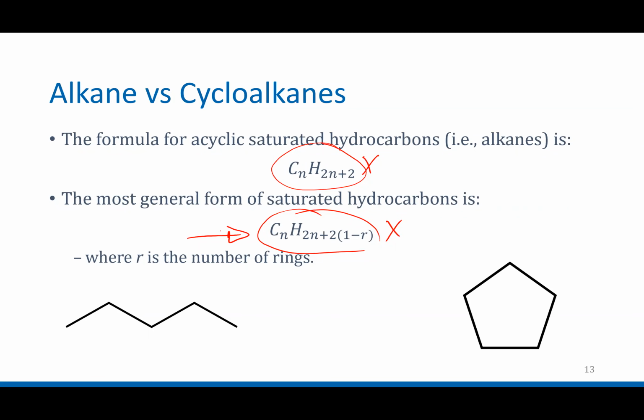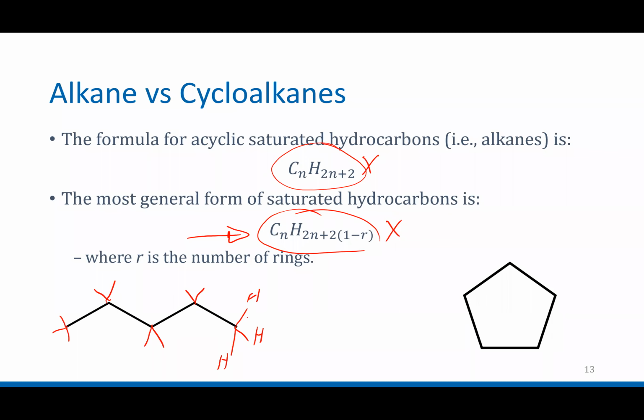because when you have a ring, you actually have fewer hydrogens. Let's look at the one on the left. 3 hydrogens here, 2 hydrogens here. 2 hydrogens, 2 hydrogens, and then 3.